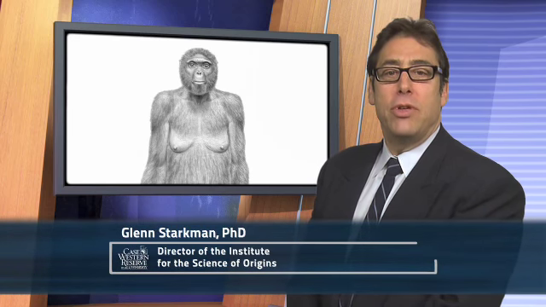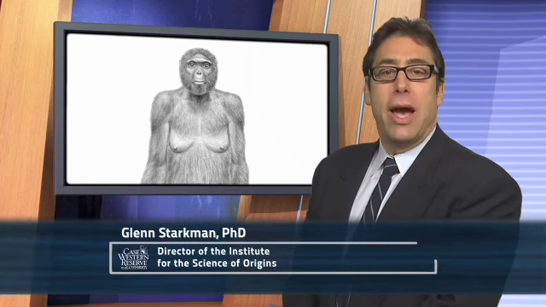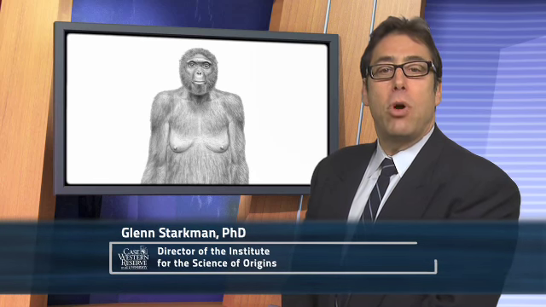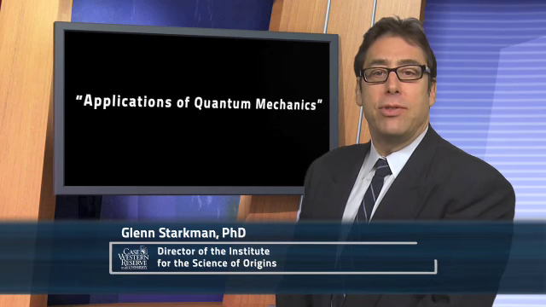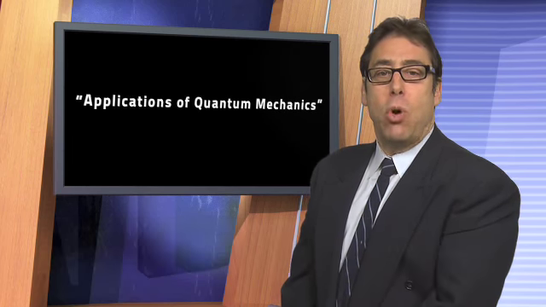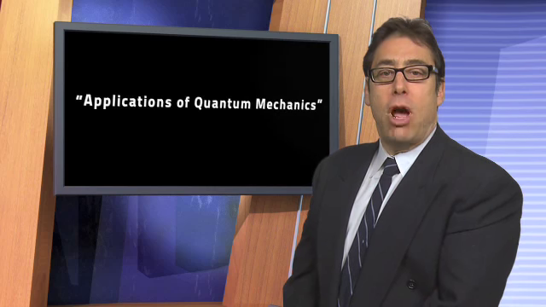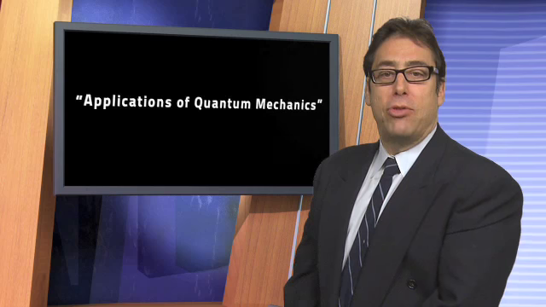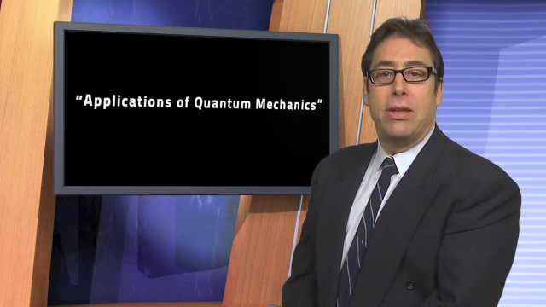Hello, my name is Glenn Starkman, Director of the Institute for the Science of Origins, and I am pleased to serve as your host for this series. The talk you're about to watch is entitled The Applications of Quantum Mechanics. As you will soon learn, it was the application of quantum mechanical thinking to describing the electron that led to the prediction and then discovery of the positron, the first example of antimatter.